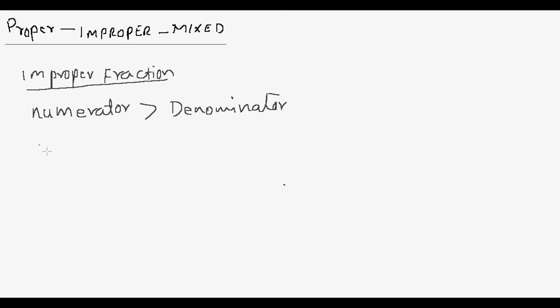For example, in 10/3, the numerator 10 is greater than the denominator 3. Another example is 11/4. In this, the numerator 11 is greater than the denominator 4. So this is an example of an improper fraction.